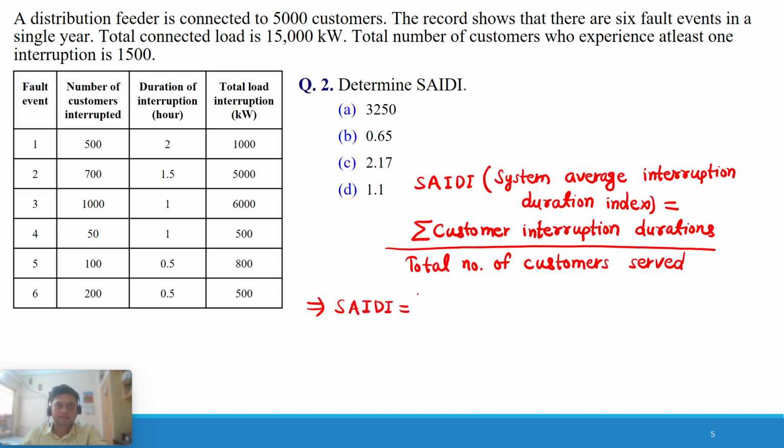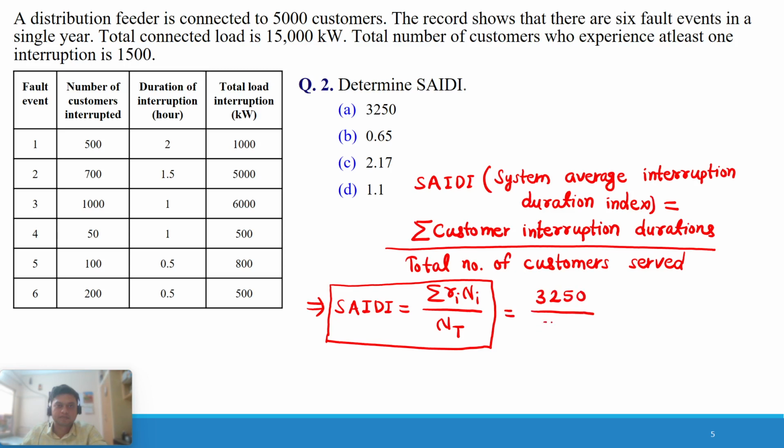So SAIDI is sigma RiNi divided by the total number of customers served, that is the total number of customers connected to the distribution feeder, NT. Sigma RiNi comes as, we have calculated, 3250.